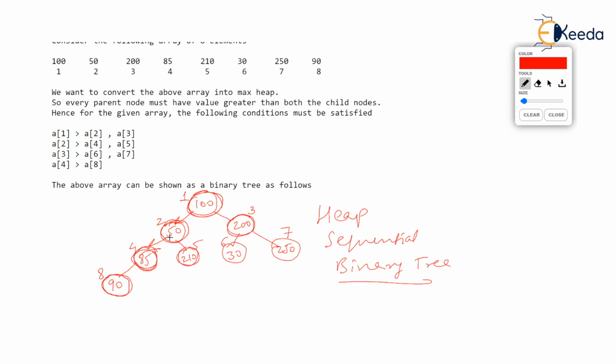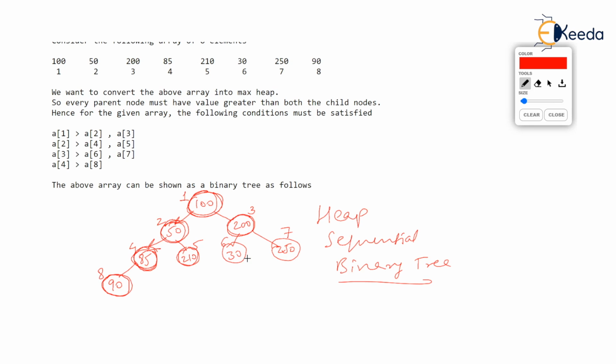Second node is the parent because it has children. Third node is the parent because it has children 6 and 7. Fourth node is a parent because it has child 8. But after that, fifth, sixth, seventh, eighth are not parents. They are not having any children. They are leaves. So we have to adjust value of all the parent nodes being 1, 2, 3, 4.